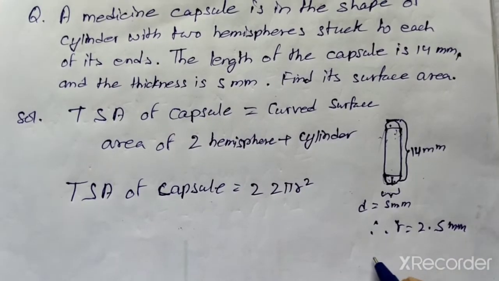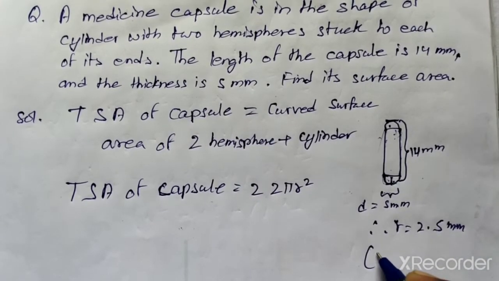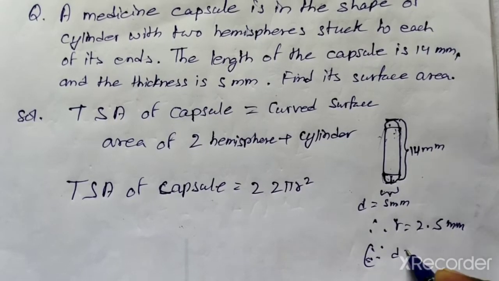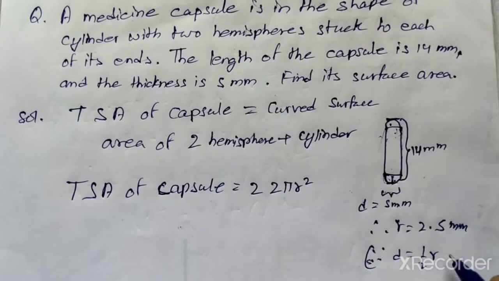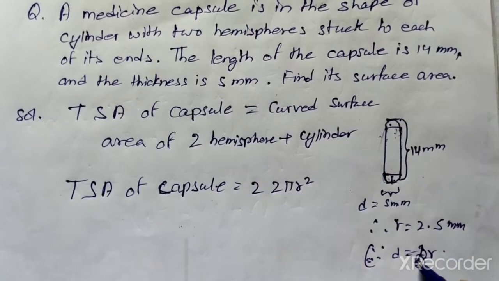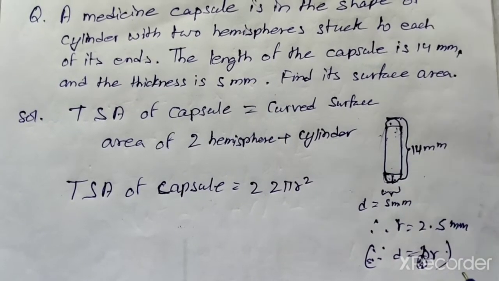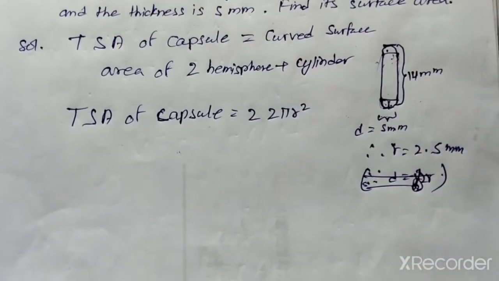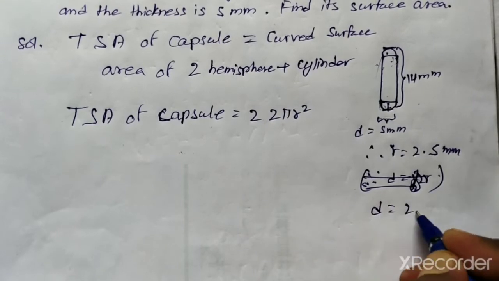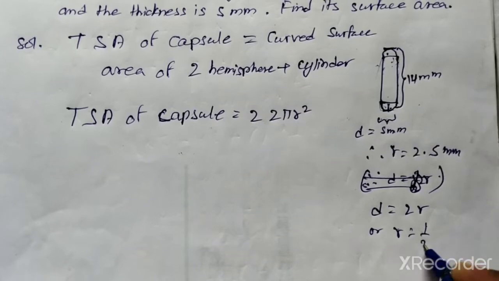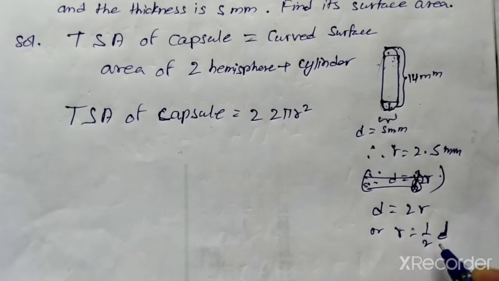Because d is equal to 2r, or r is equal to 1 by 2 of diameter.